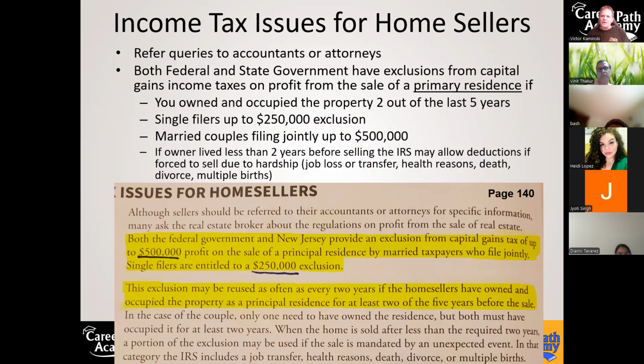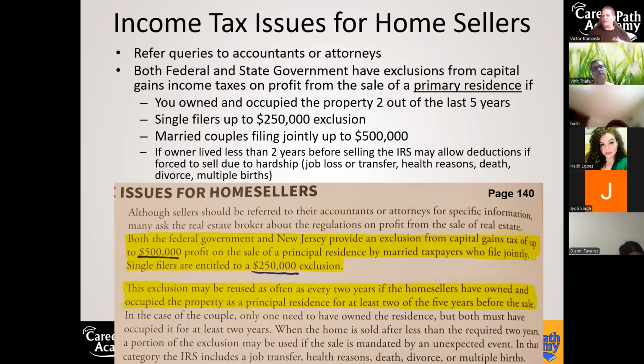So basically, if you sell your house for a profit of up to $250,000 or up to $500,000, you pay zero income tax on the profit of the sale of that property. That's for your primary residence, if you lived in it for 2 out of the last 5 years.